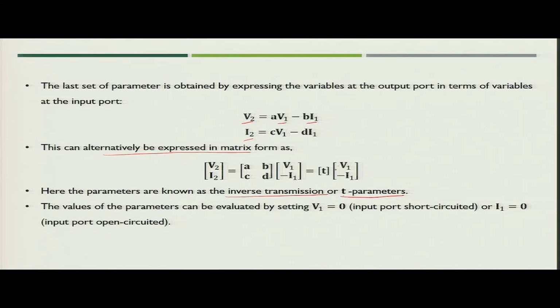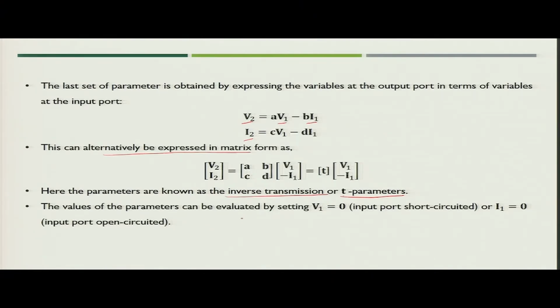We represent this abcd matrix with small t, so we call it the inverse transmission or small t parameters. Now, how will you find out the values?